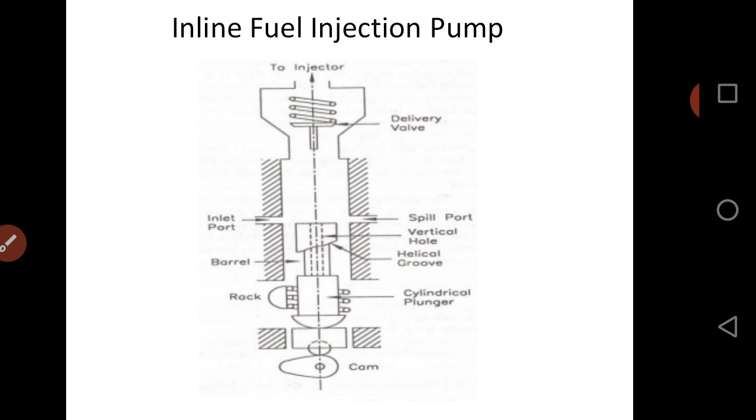To this cam there will be rollers connected, and the number of rollers will equal the number of cylinders required to inject. This cam and roller follower assembly is connected with the plunger and barrel assembly.